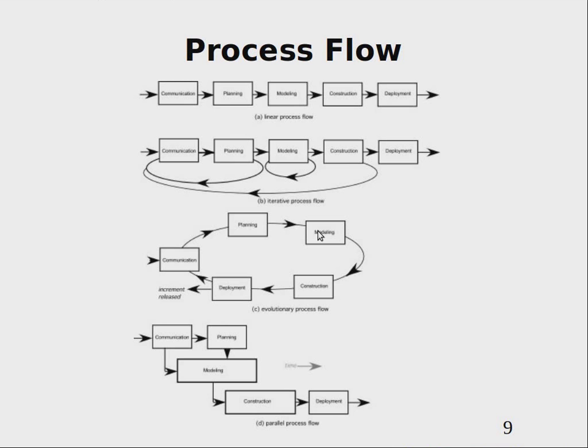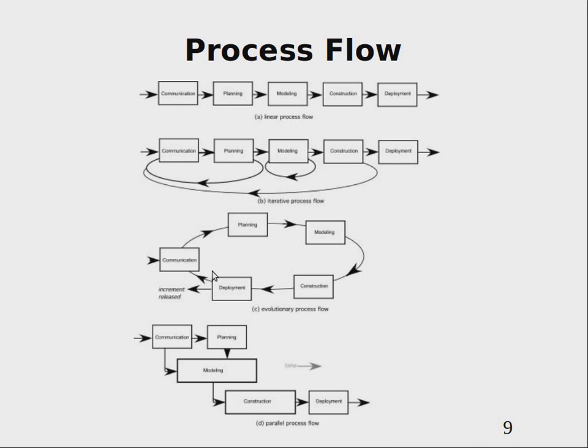Then there may be spirals which do not contain other spirals, like in other methodologies where you do not have sub-iterations for a particular task, but your approach, how you review things and maybe redo things, is always in the same pattern, like communication, planning, modeling, construction, deployment, and then again.